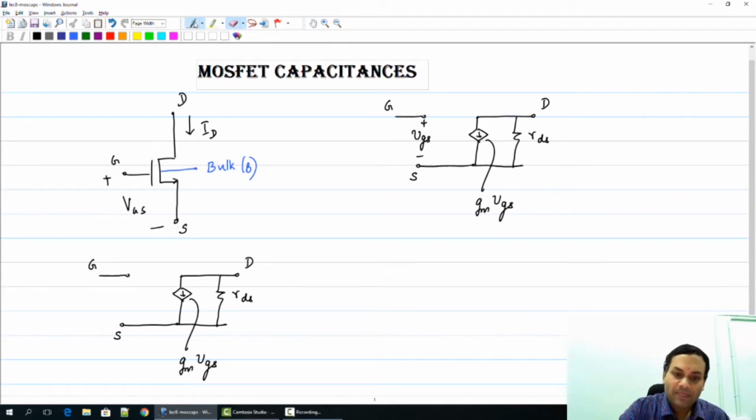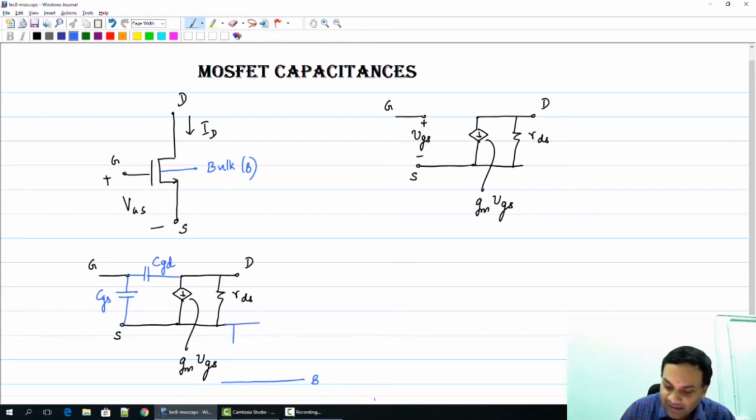So the first capacitance is the gate source capacitance, which we will represent as CGS. It also has a capacitance between the gate and drain terminals, which we will call CGD. It has two more capacitances associated with the bulk terminal.